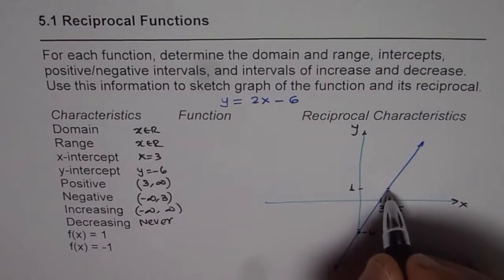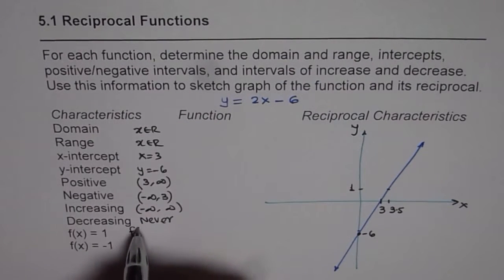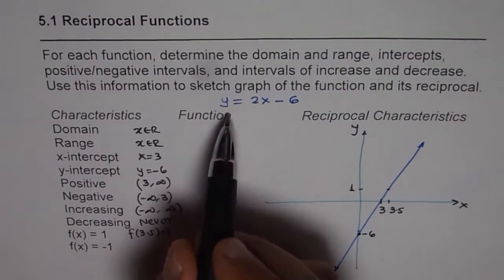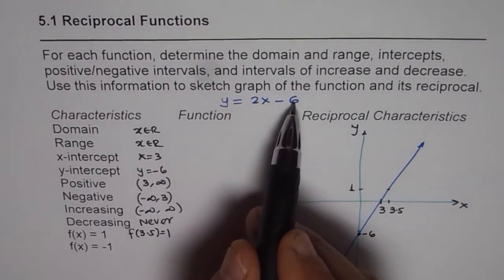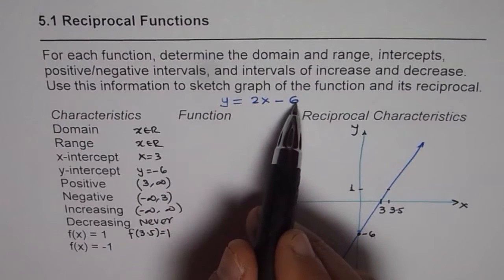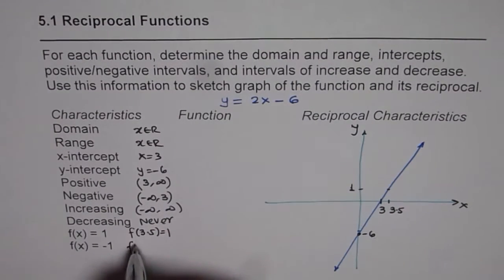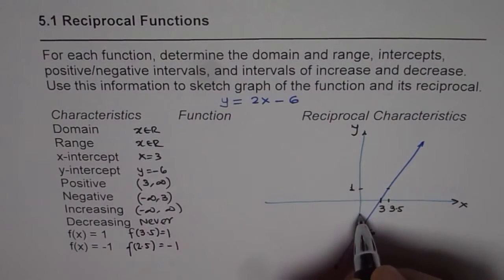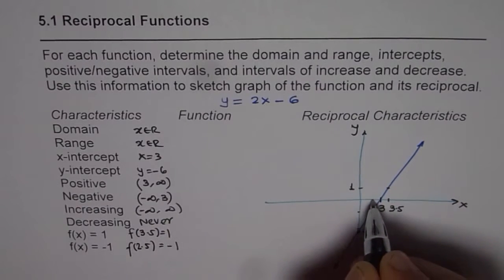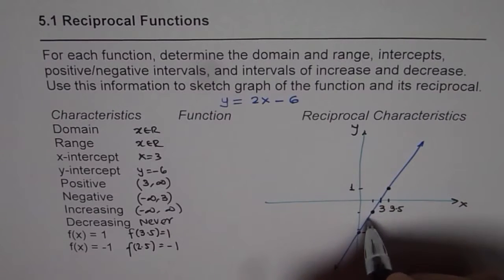So we say f of 3.5 equals 1, and when is it minus 1? If I write minus 1 here and bring 6 to this side, minus 1 from 6 will be 5, and 5 divided by 2 will be 2.5. So f of 2.5 is actually equal to minus 1. So it will be minus 1 at, let us say, this point, which is 2.5, right? So these are the points where the value is 1 or minus 1.